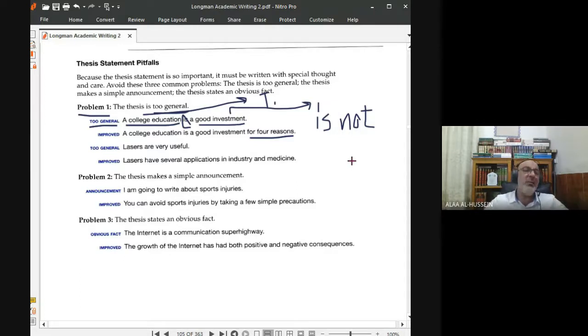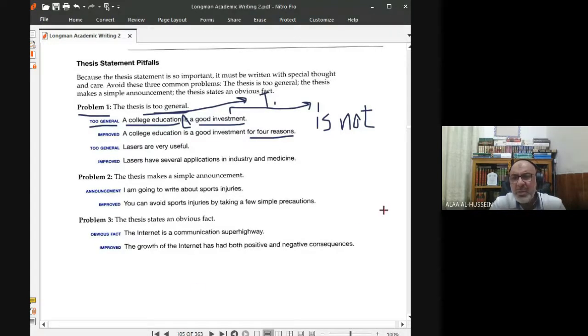Lasers are very useful. Is it a good sentence? Please write in the chat box because I can't hear you. Okay? So it's yes. A good sentence. Excellent. So you understood it. You understood the point now.